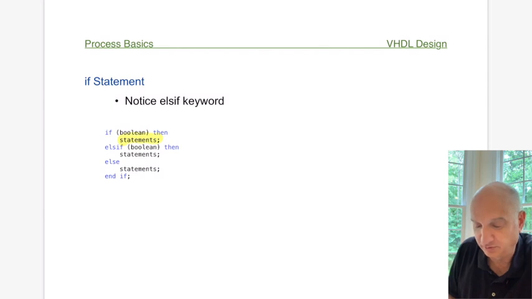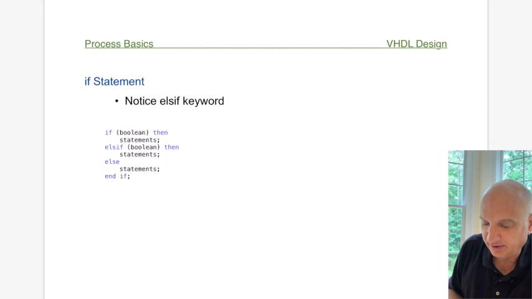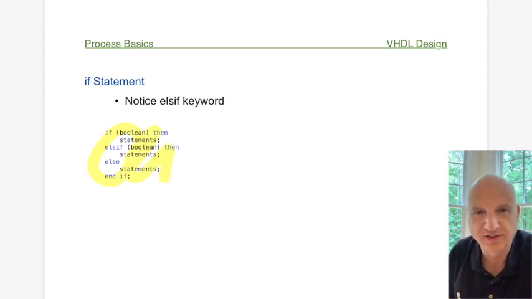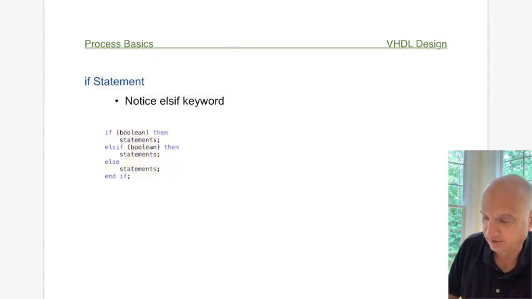In all other respects, it acts exactly like any other language would. The other thing is you can eliminate things. You don't necessarily have to have an else if or an else. You can have a straight if, just like in a regular language. You can use else if with no else. You can have an else with no else if. So any permutations of this that you're used to inside of other languages work fine in VHDL as well.